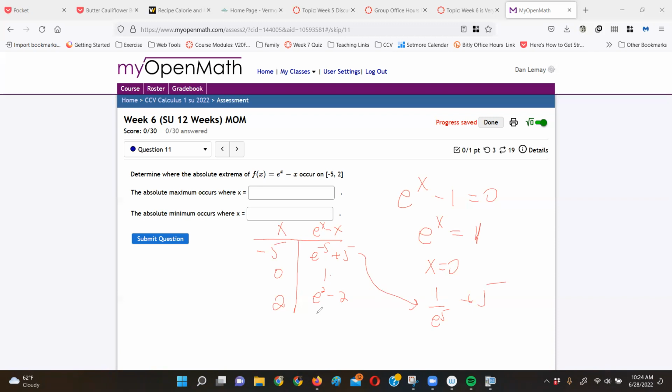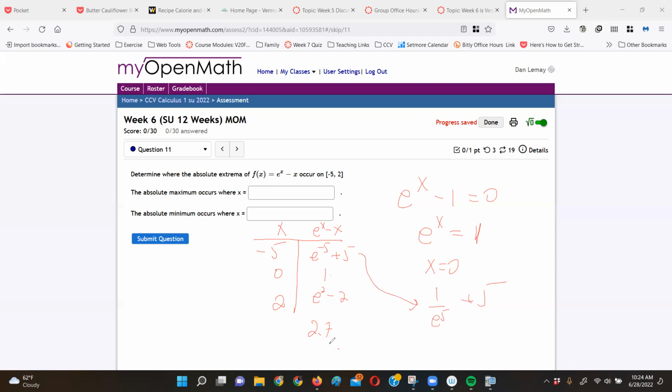And then this one, let's see, e is what, 2.7-ish? And 2.7 times 2.7 is, well, 3 times 3 is 9, and 2 times 2 is 4. So it's going to be someplace between 4 and 9. Well, you know what?